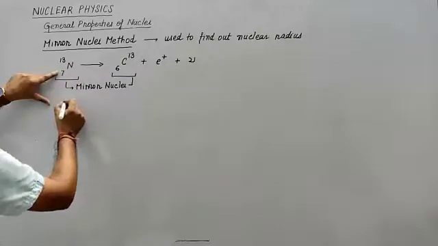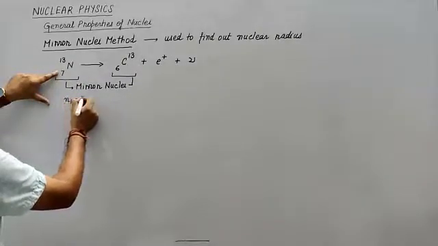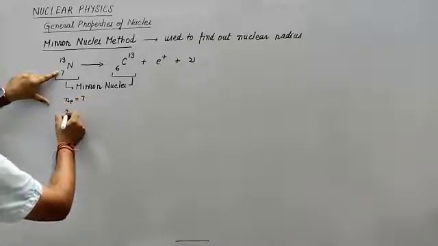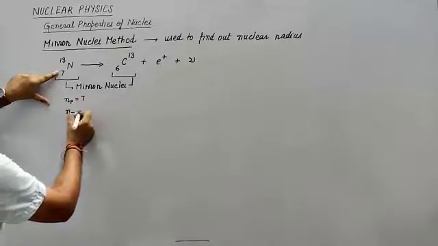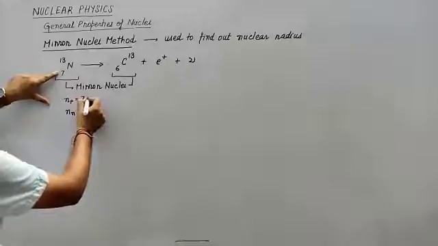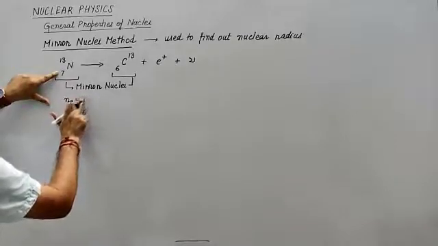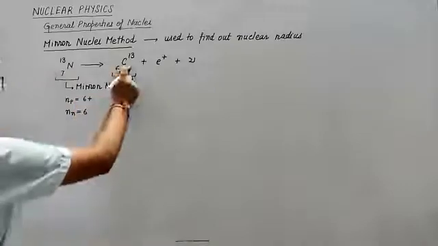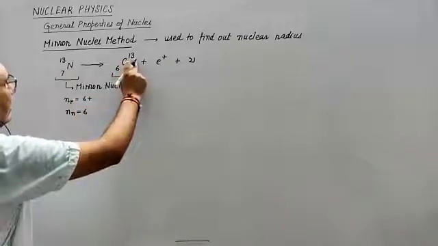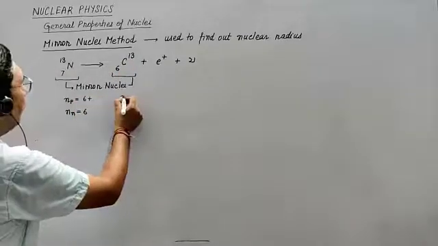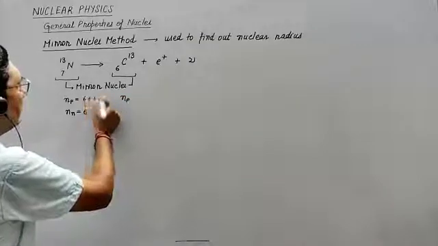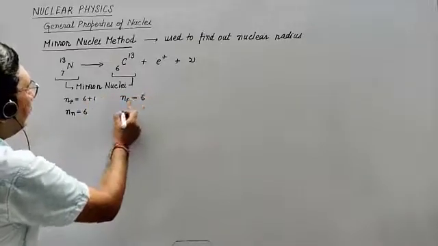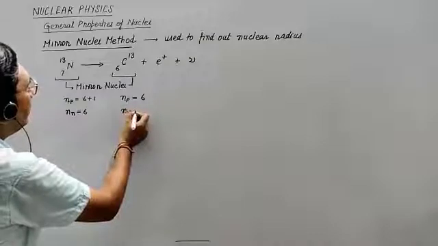7N13 has number of protons equal to 7, while the number of neutrons is 6. I can write this 7 as 6 plus 1. And here in the case of 6C13, the number of protons is 6, while the number of neutrons is 7.